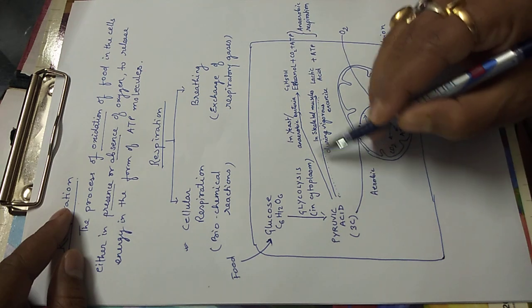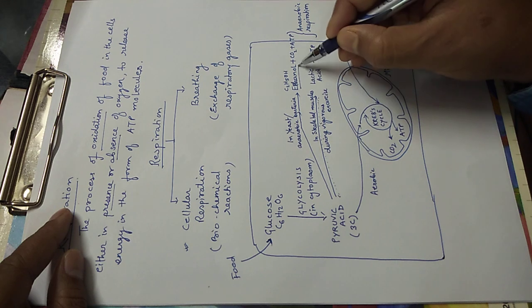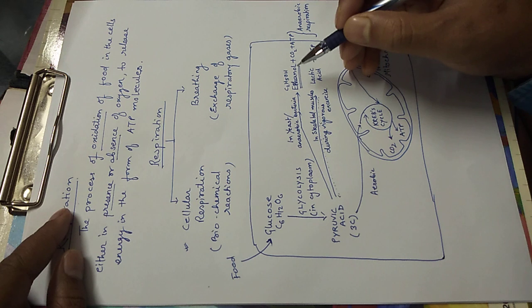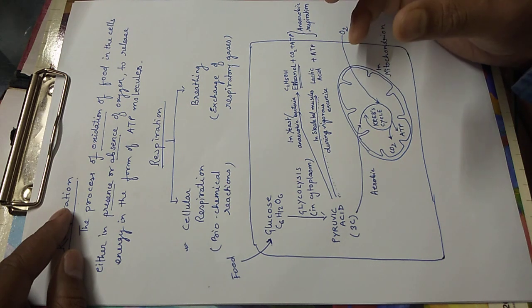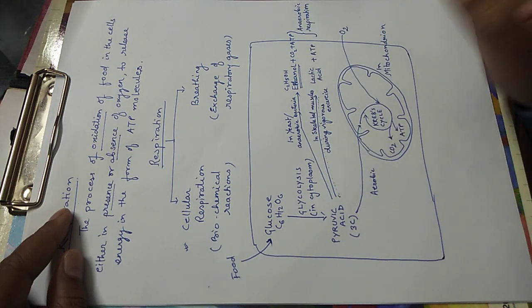Now this reaction has a lot of commercial application. This ethanol is a consumable form of alcohol, so it is used in brewery for making alcoholic beverages, and also in bakery industry where yeast is mixed with dough, so that when carbon dioxide is formed, the dough will swell up. So these are the two industries where this reaction is extensively carried out.